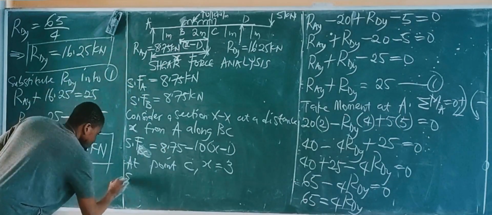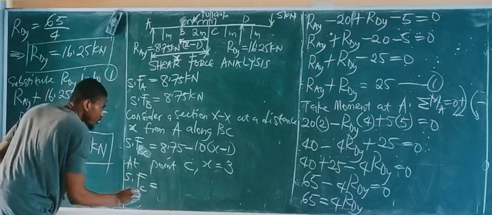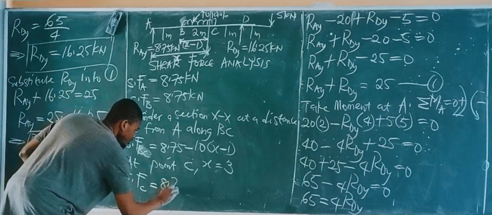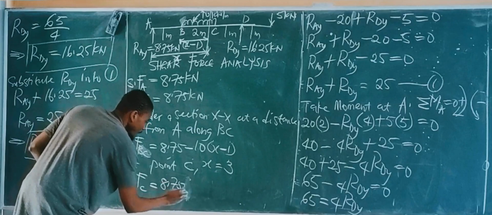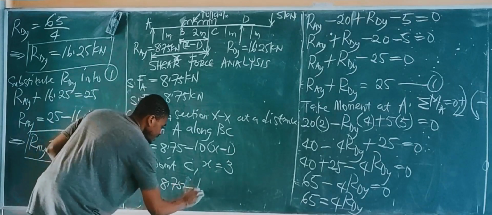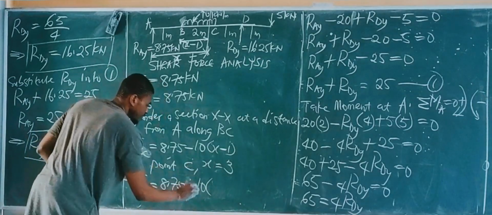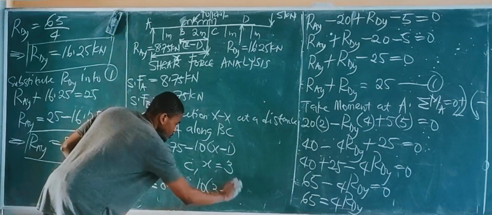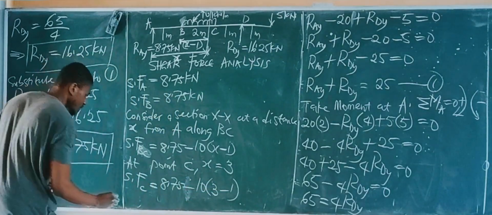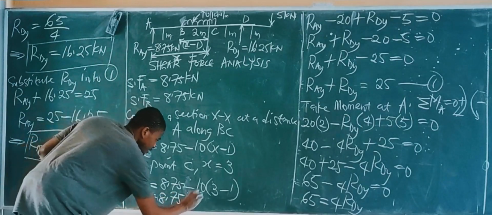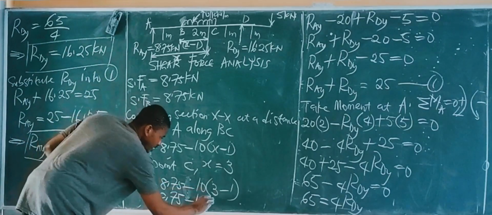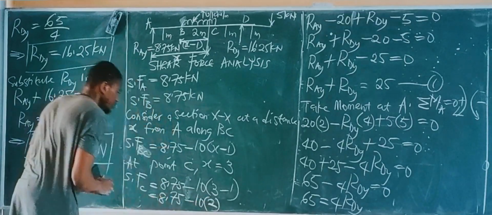So therefore, shear force at point C is now equal to 8.75 minus 10 times X, which is now 3 minus 1. So this is equal to 8.75 minus 10 into 3 minus 1, which is 2.